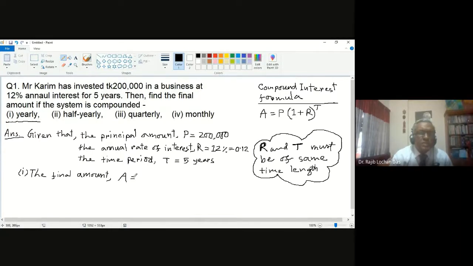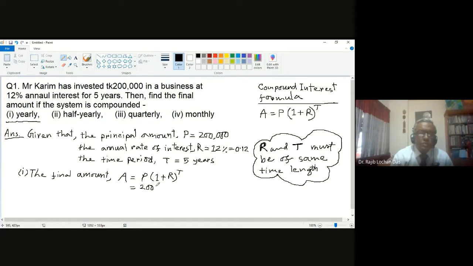The formula is P, then bracket, then 1 plus R, bracket close, then power T. So in this case, P is given as 2 lakh.